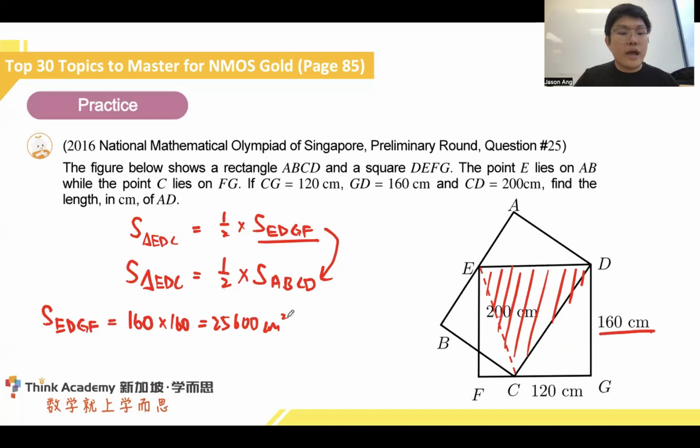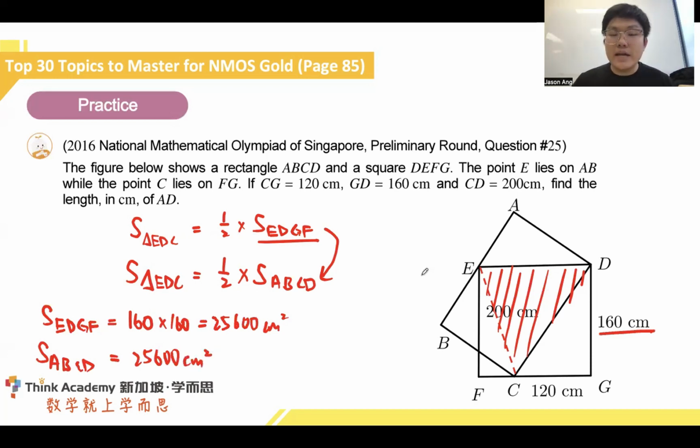And half of it would actually give us your triangle EDC. But at the same time, since triangle EDC is also half of your rectangle ABCD, coincidentally our area for rectangle ABCD will also be the same at 25600 cm squared.